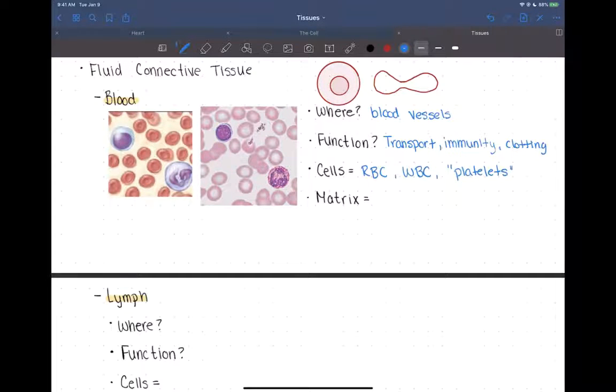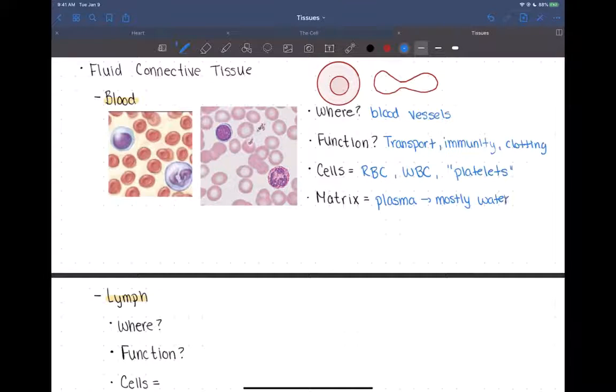Okay. And then with blood, the matrix is going to be plasma. Plasma is made of mostly water.